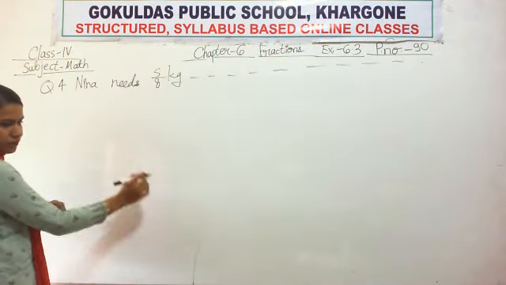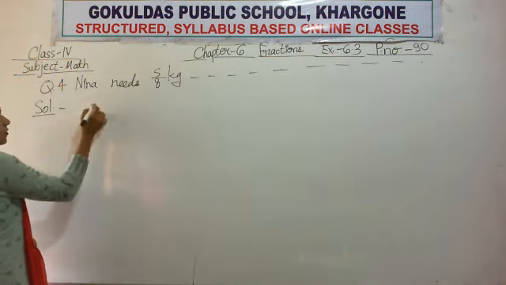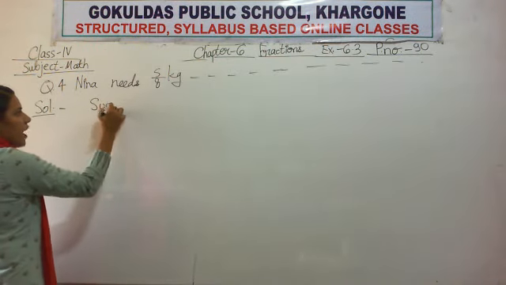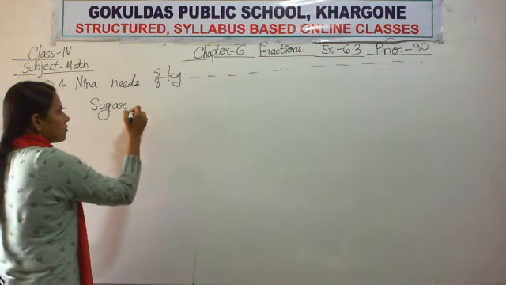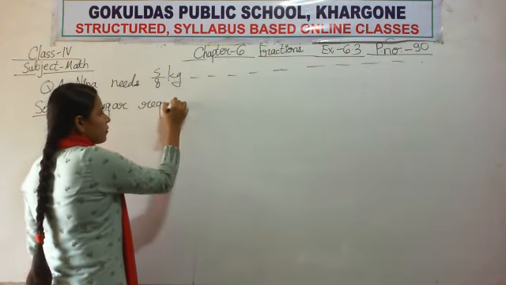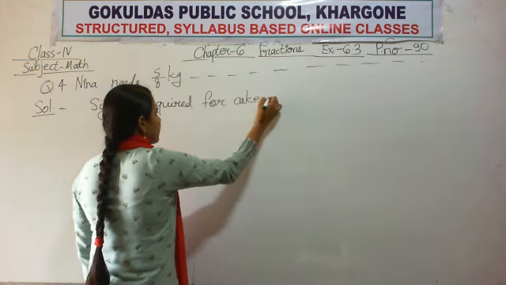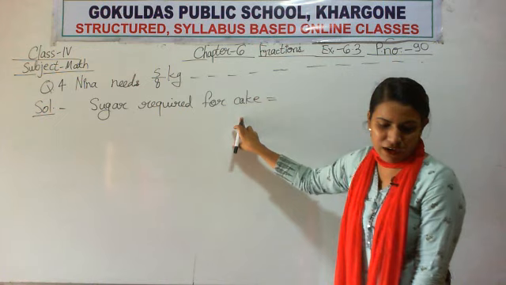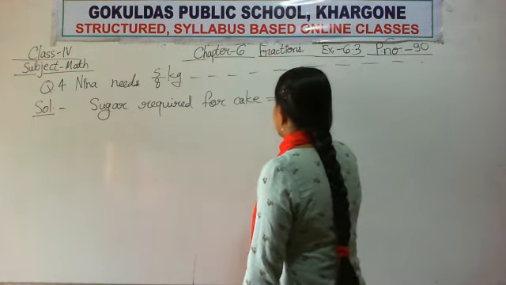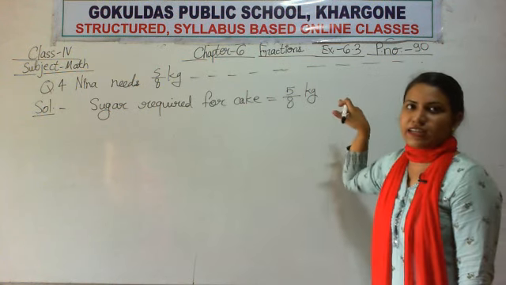So, solution: sugar required for cake. How much does she require for baking a cake? She requires 5 upon 8 kg of sugar.